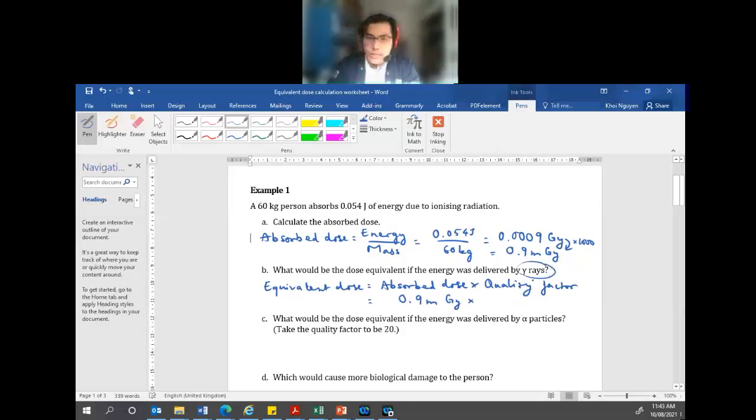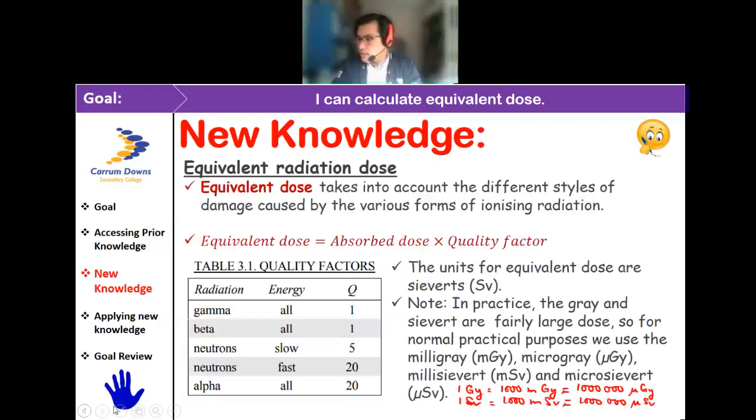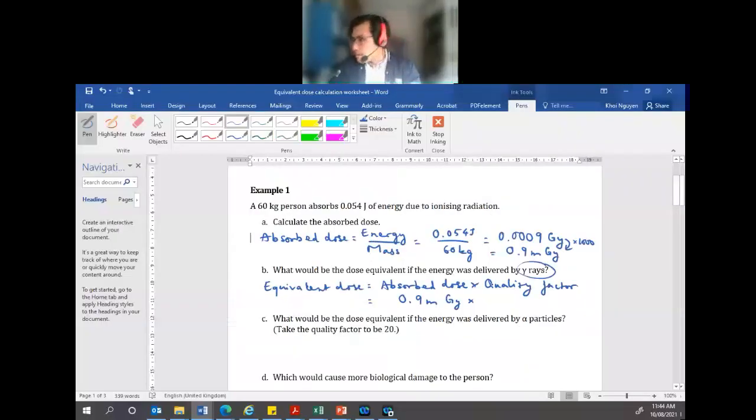So we're going to have a look at what the quality factor is for gamma rays. If we go back to our PowerPoint here, you may remember, gamma ray has a quality factor of 1. So we times that by 1, and that would give us an answer of 0.9. Now because we're using milligray, it's going to be millisievert for our answer.